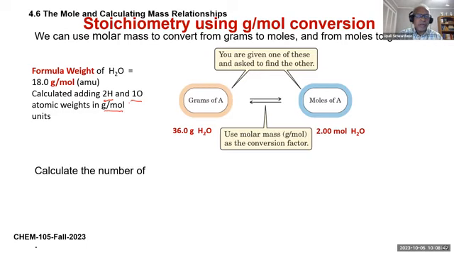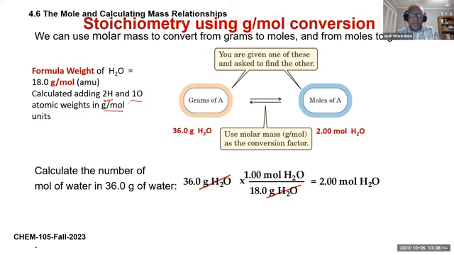This is shown in detail here. Moles of water in 36 grams of water. So here you are dividing by formula weight. It's 1 over formula weight. So you get the 2 moles of water.